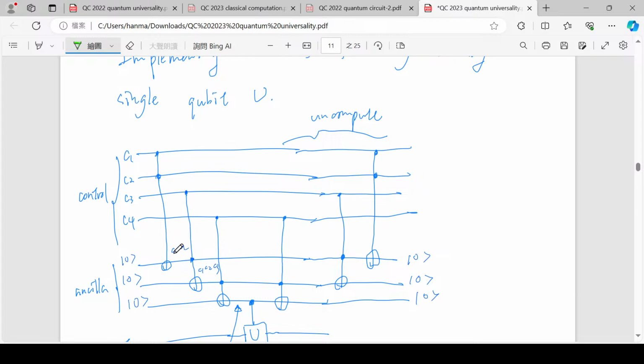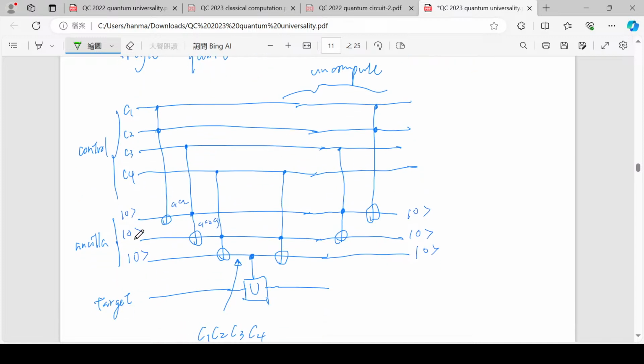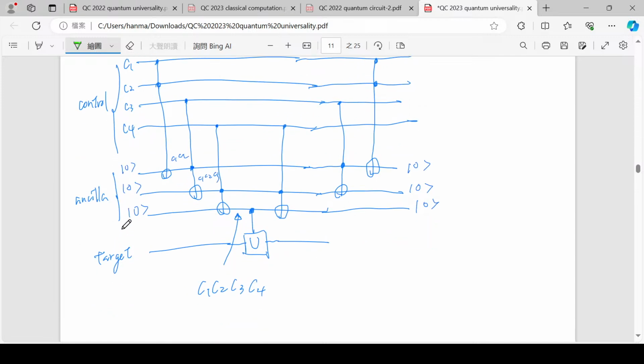This is 1 only when both C1 and C2 equal 1. That's what control does. Then you control the C3 with the first ancilla into the second ancilla, and you get C1 C2 times C3, because you have C1 C2 here and it gets multiplied by C3. And then finally here you get C1 C2 C3 times C4.